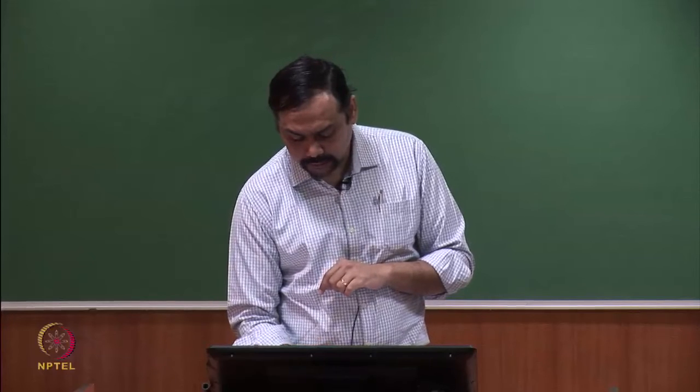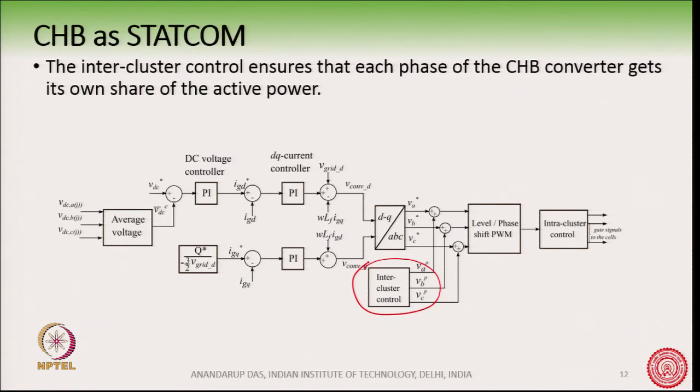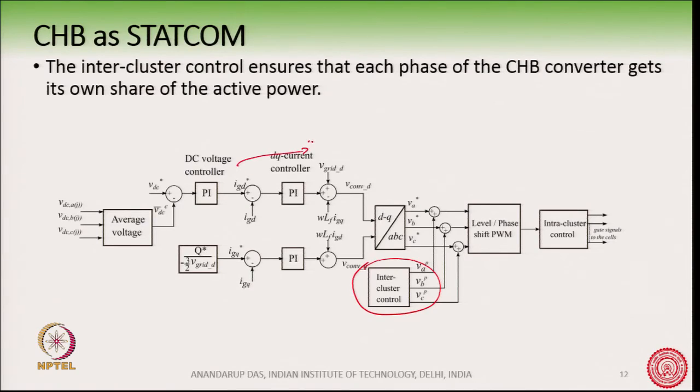Now, the next part is this part, the intercluster control. Okay. So, once the total active power comes, you have to be a little bit cautious. See, ideally there are 3 phases and the whole 300 watt comes in. Then ideally each leg or each phase will have 100 watt, because there are 3 phases, 100 watt into 3.